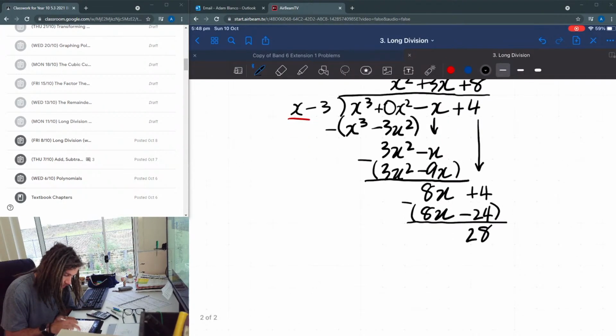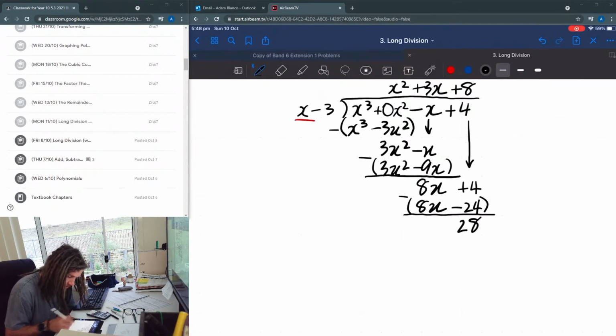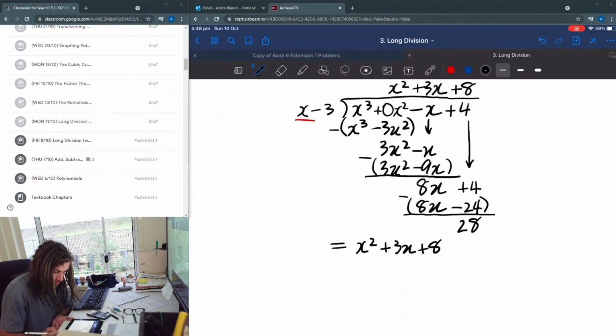All right, so then in conclusion, I guess there's another way of writing this. The resultant, so this whole process equaled, what was it, x squared plus 3x plus 8, okay?